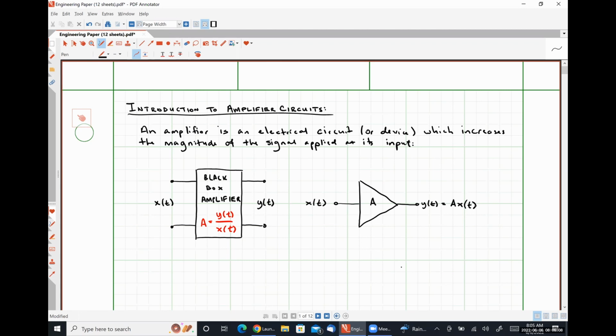So these are the two basic ways that you might see generic amplifiers implemented.